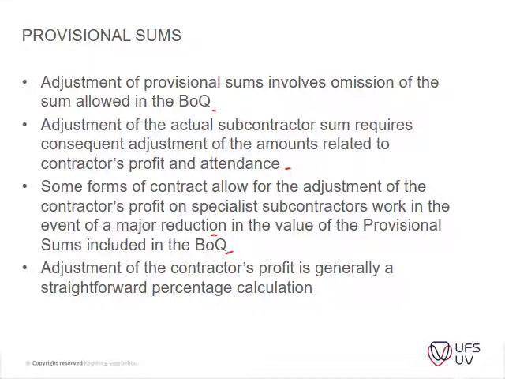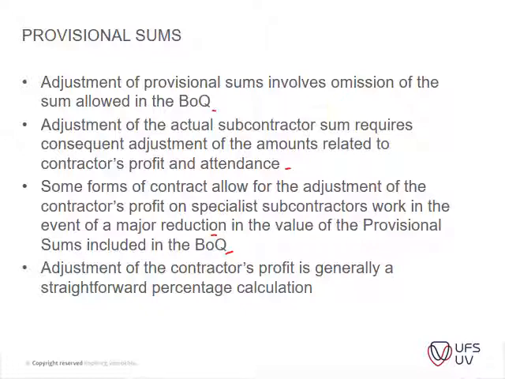For instance, the contractor may have budgeted for, you've seen the item and you allowed maybe 100,000, but when you get onto site, the item is only going to be 20,000. But the contractor already budgeted for this in his contract and his cash flow, so he's compensated usually on a type of adjustment of his percentage, that markup that he gets on that item.